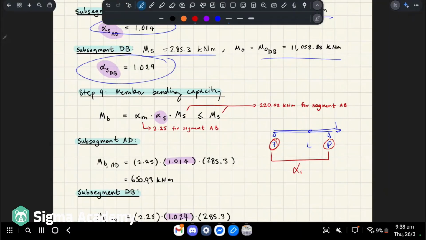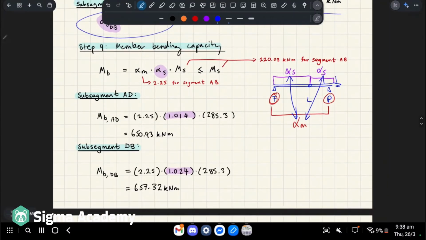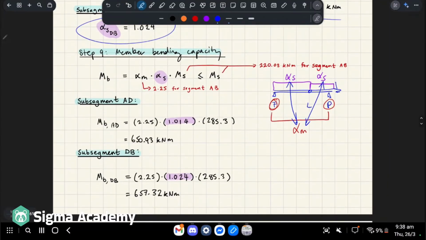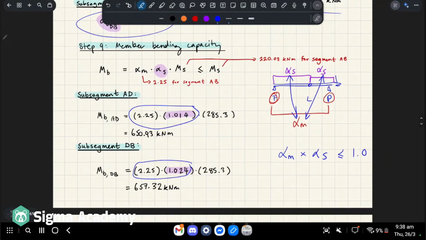For a segment, we calculate alpha M. For a subsegment, which is like from here to here, we calculate alpha S, right? So we want to compare the worst combination of alpha S and alpha M. So you have to multiply these two together. You got to find the worst one, right? But it doesn't end up mattering because these two values, right, alpha M times alpha S, it can't be greater than 1 regardless. Like you'll see in the next step.